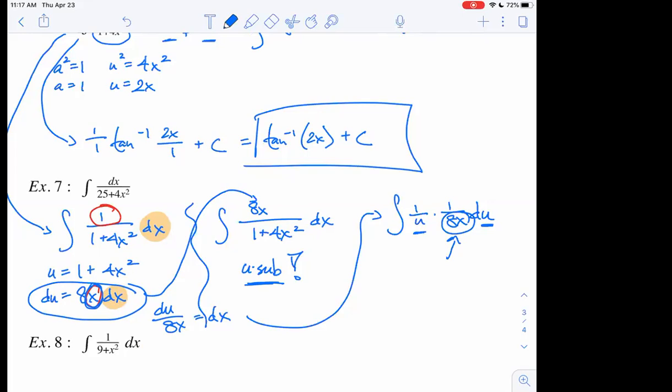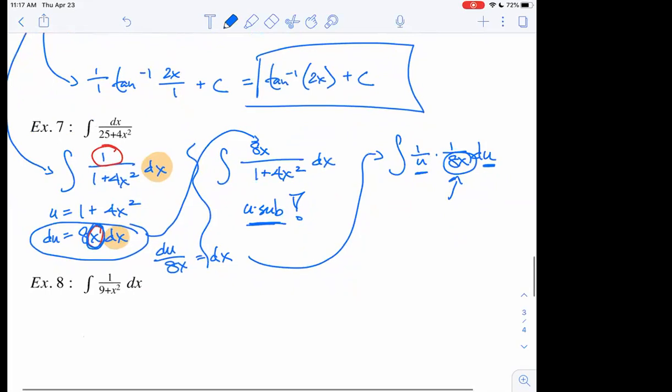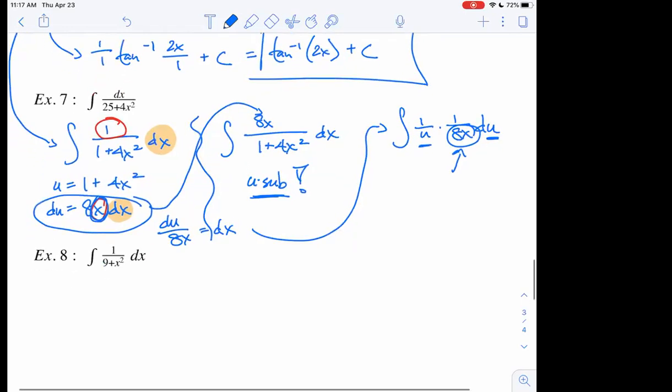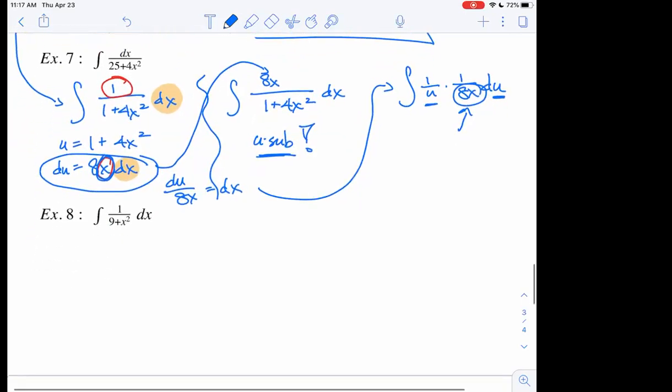So let's actually skip number 7. I think it's similar enough to the other ones. Let's maybe try example 8, and then we'll do 10 and 11, and I think we can call it a day, okay?